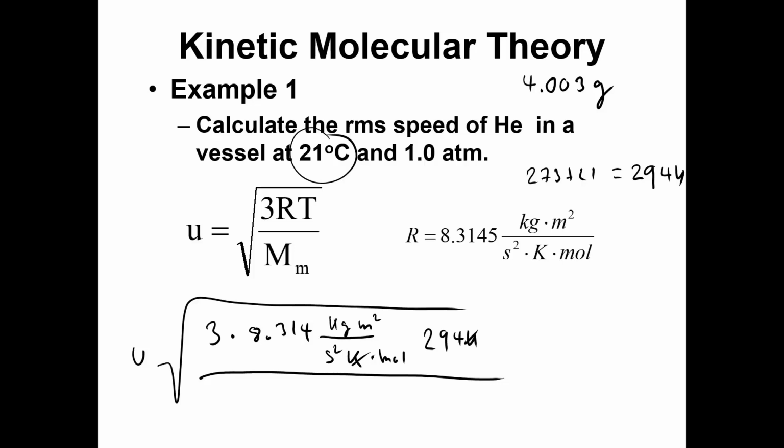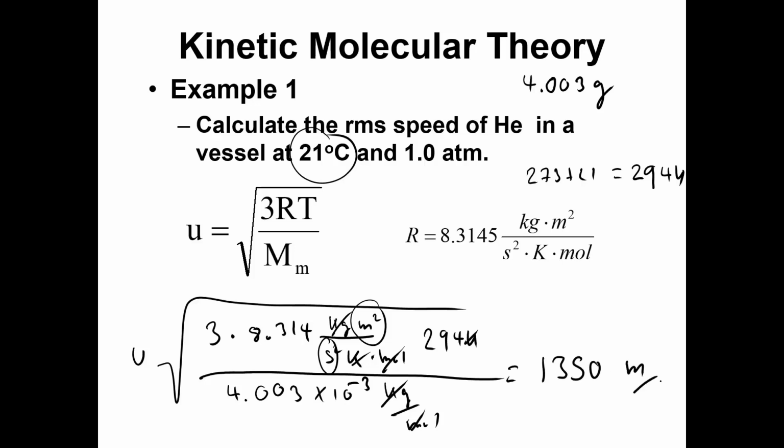So what we plug in here is 4.003 times 10 to the negative 3 kilograms. So kilograms per mole, mole cancels, and then you take the square root of meters squared per second squared, and you get meters per second. And in this case, we have 1,350 meters per second. That's the speed of helium at 21 degrees, right?